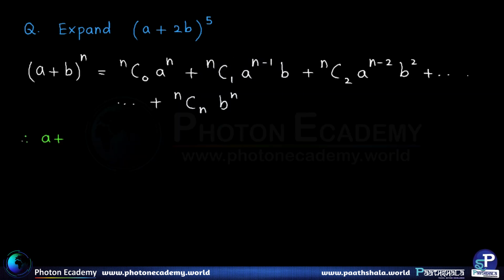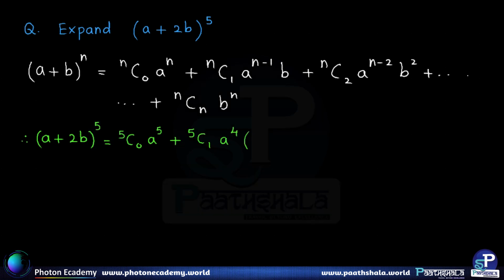if we want to write (a + 2b) raised to 5, it would be 5C0 a raised to 5, plus 5C1 a raised to 4, and now the second term is 2b itself. Make sure that it's the 2b, that is the entire second term and not just b. Okay.